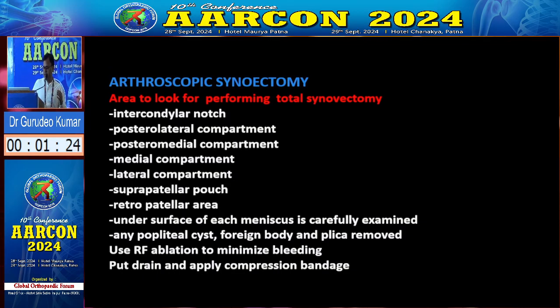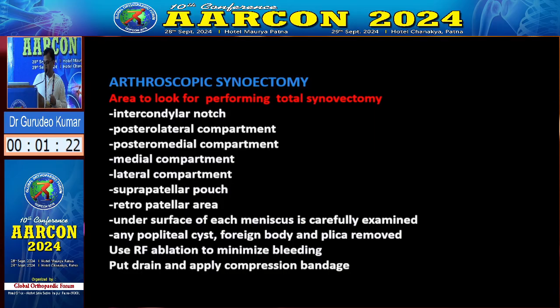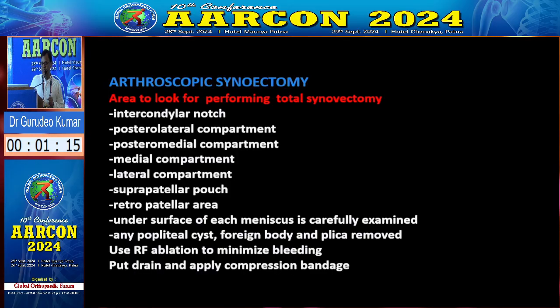Sometimes it is located there also, and if there is a popliteal cyst, foreign body, or plica, it should be removed. Use radiofrequency ablation to minimize the bleeding, because this joint is highly inflamed and there is a very high chance of bleeding after the surgery. Put in the drain and apply the compression bandage.